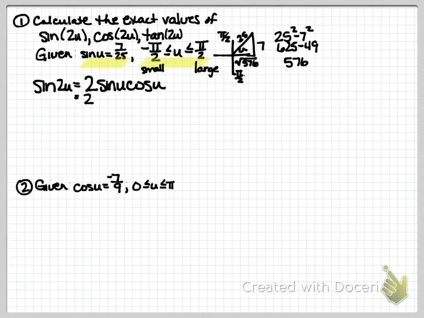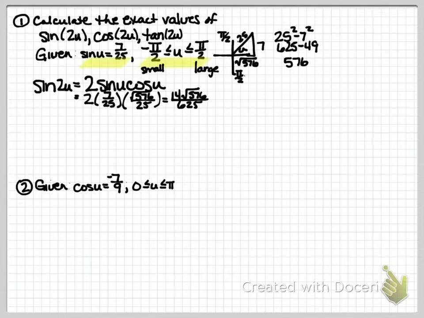So the sine of u is 7 over 25. Cosine of u is the square root of 576 over 25. Multiply straight across. So that 2 is actually 2 over 1, so it's just 2 times 7, and that's 14 square root of 576 divided by 25 times 25, 625.